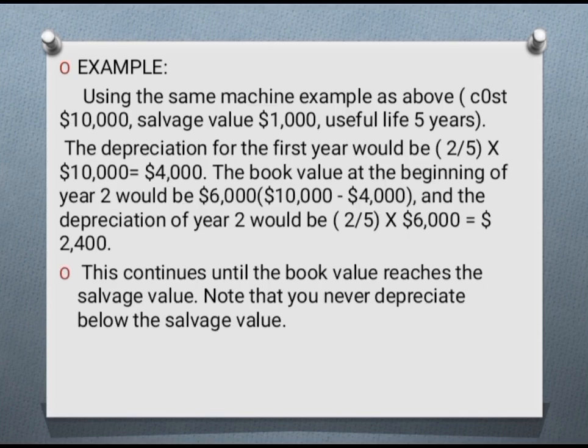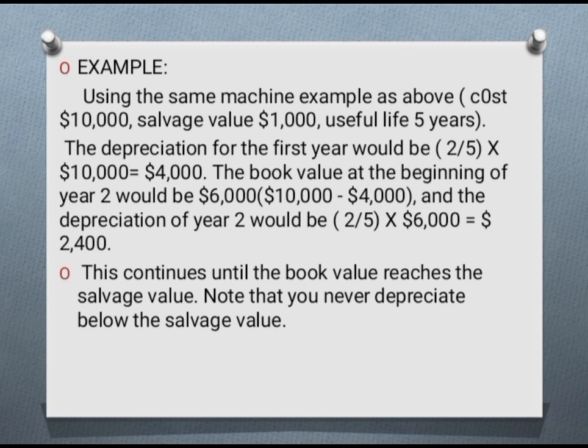Example, using a machine that costs 10,000, salvage value 1,000, useful life 5 years. The depreciation for the first year would be 2 over 5 times 10,000 is equal to 4,000.